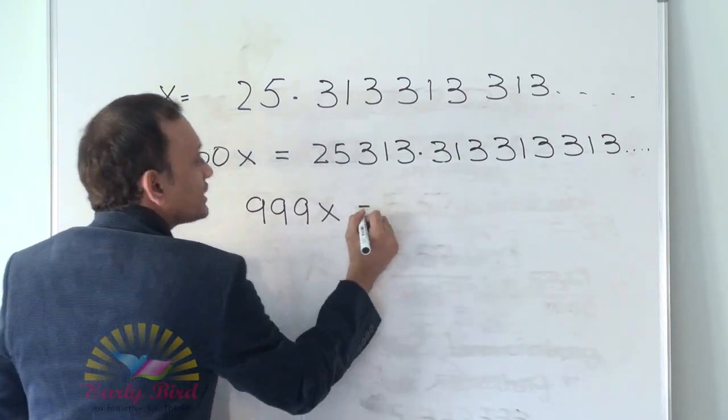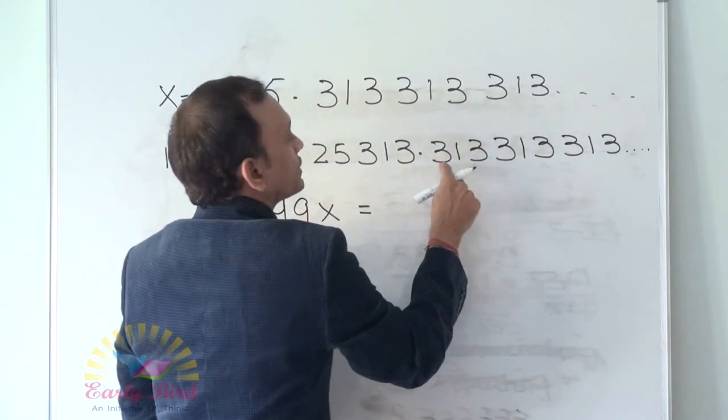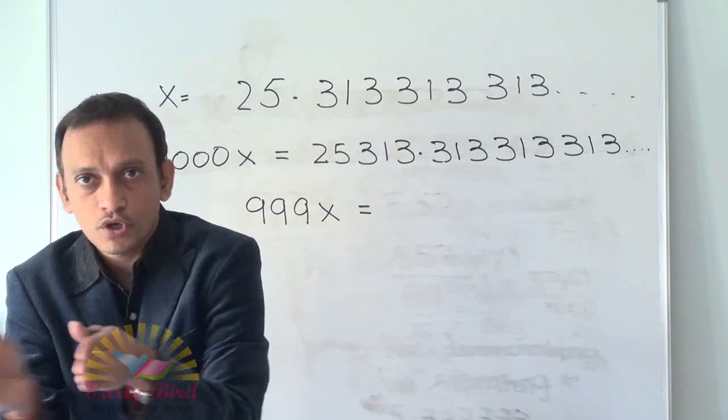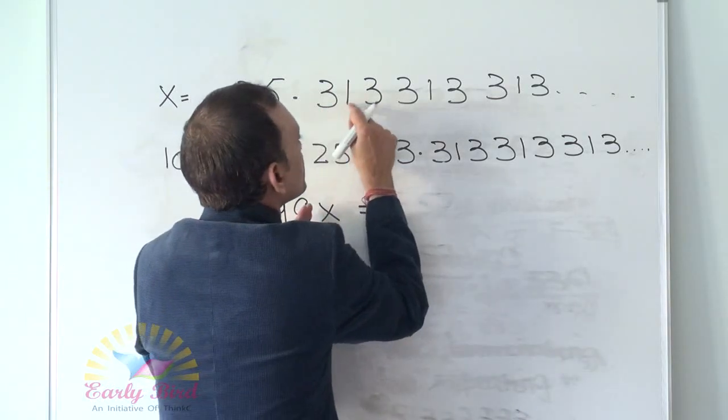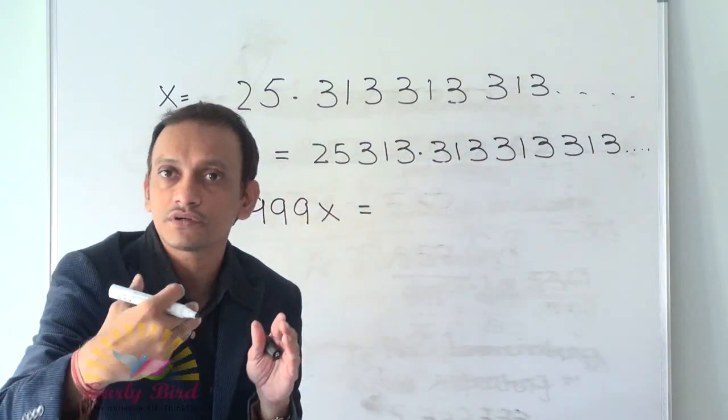Now 999x. Realize that the portion to the right of the decimal here and the portion to the right of the decimal here is identical. So those portions will cancel each other, isn't it? This 313, 313, 313 and this 313, 313, 313 would cancel each other.